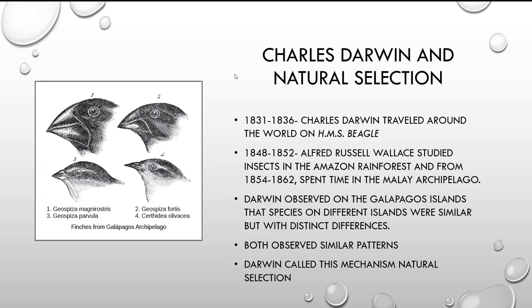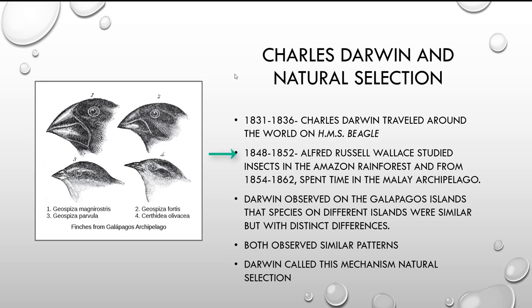Charles Darwin, from 1831 to 1836, took a trip around the world on the HMS Beagle, and along his way he made stops and collected a lot of different organisms, studied different plant life, made lots of observations and took really good notes along the way.